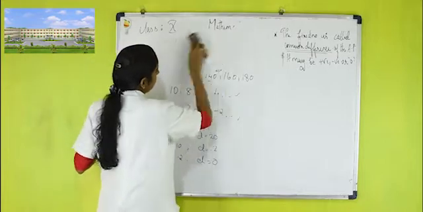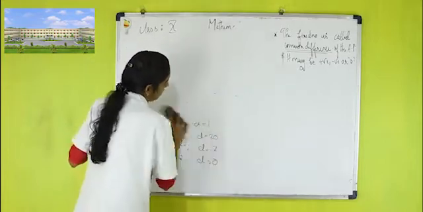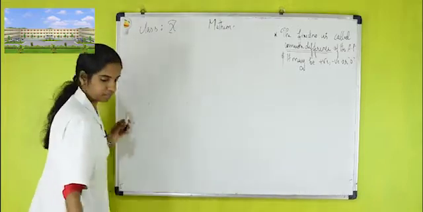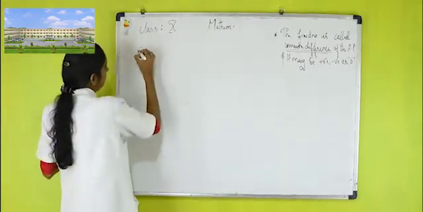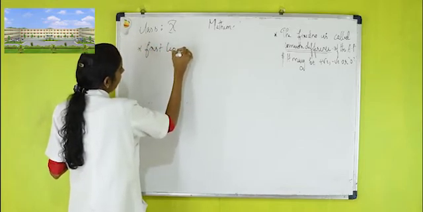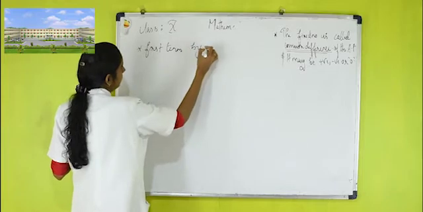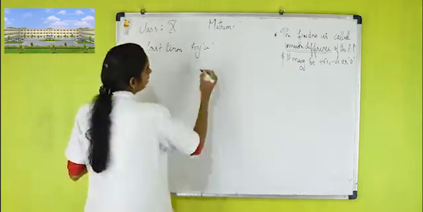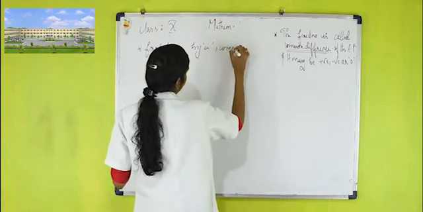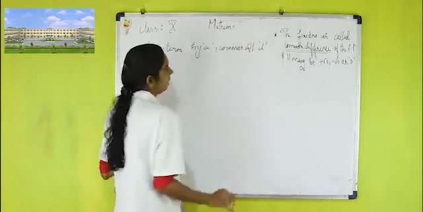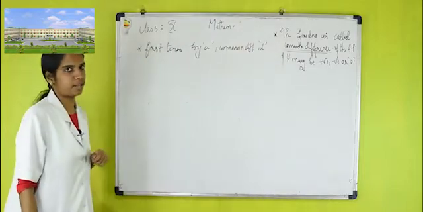So write the third note. We have to represent the first term by small a, and common difference by D. Okay.